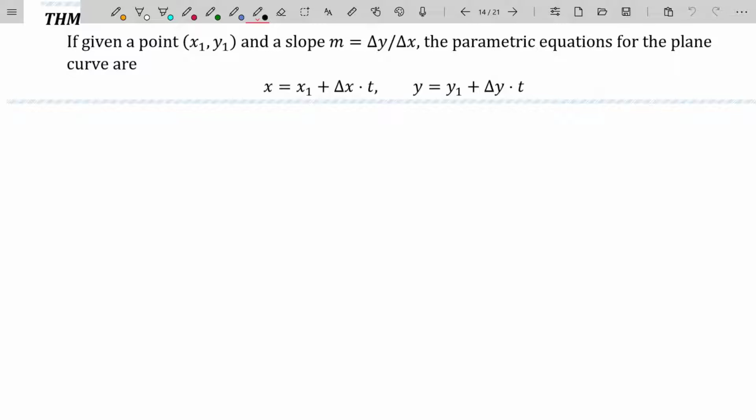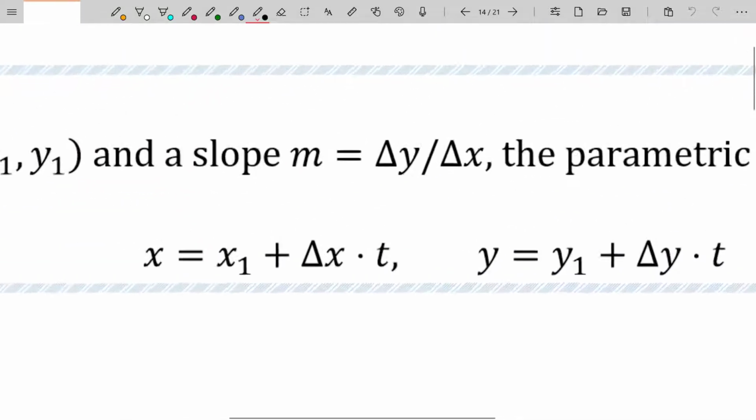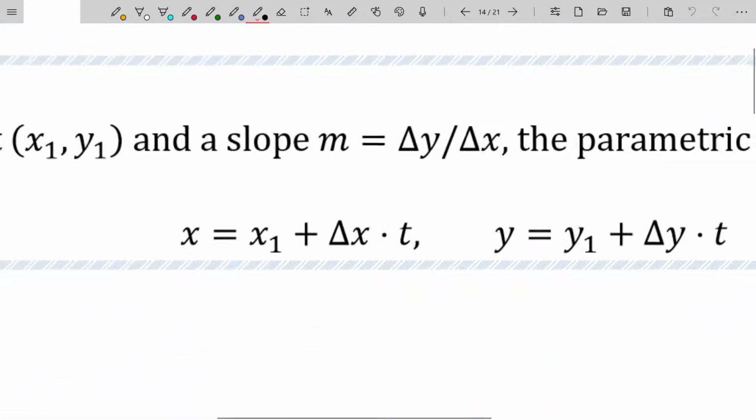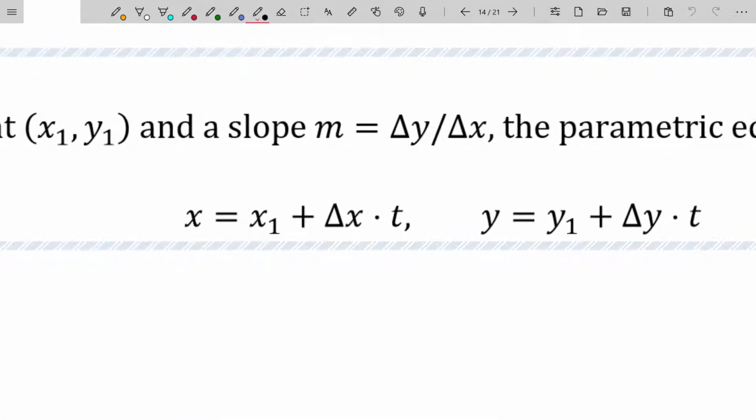Again, remember that change in y is the numerator of the slope, and the change in x is the denominator of the slope. So that's all you really need to make the transition from a Cartesian form of a line to a parametric form of a line.